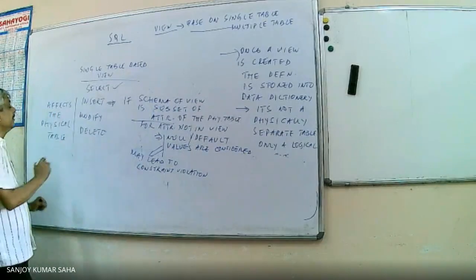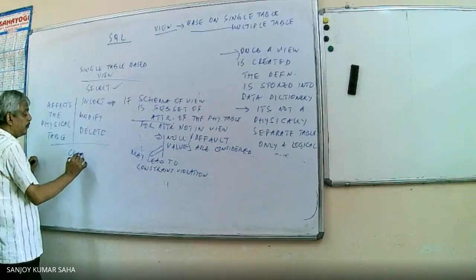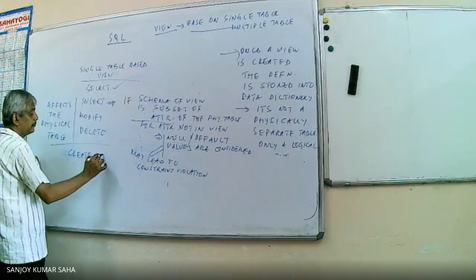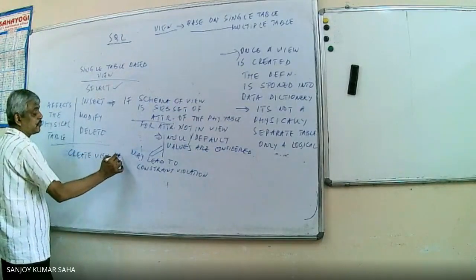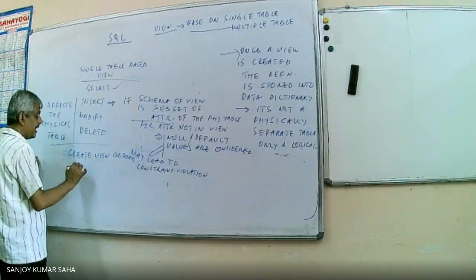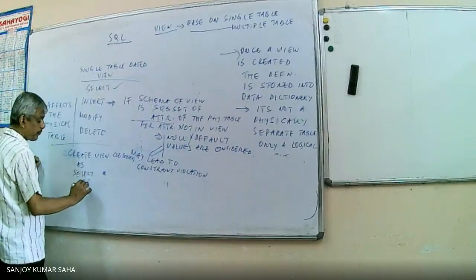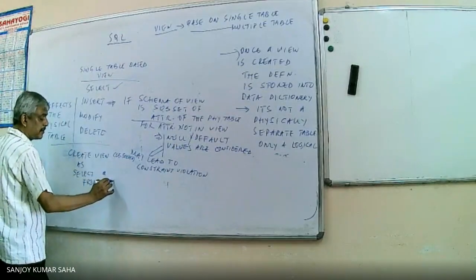One more thing: suppose we have written create view CSE student as select star from student.